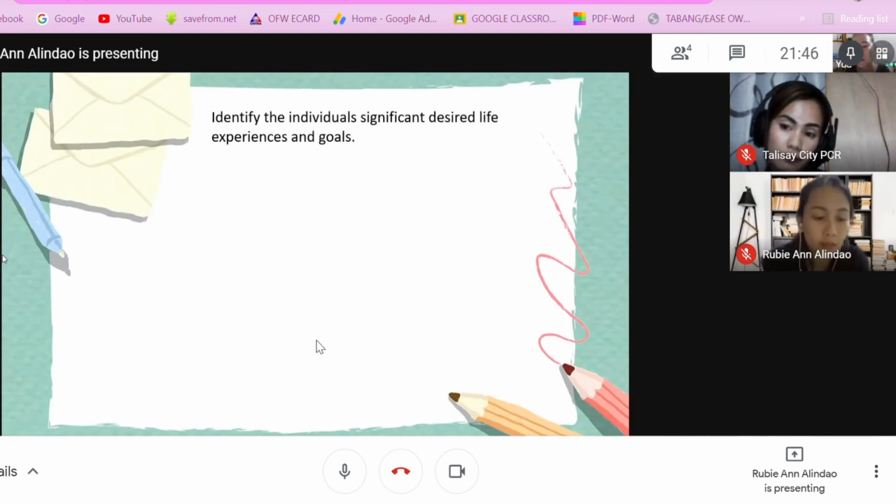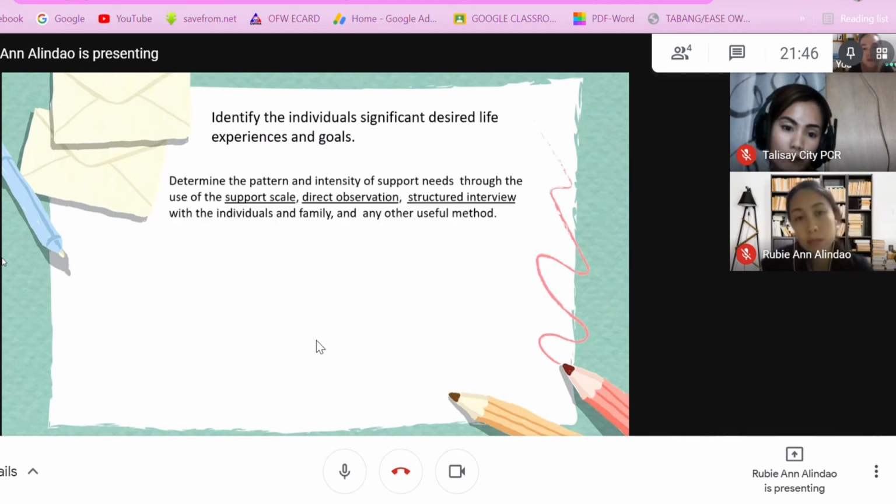First is to identify the individual's significant desired life experiences and goals. Next is to determine the pattern and intensities of support needs through the use of the support scale, direct observation, structured interviews with the individual and family, and any other useful method.